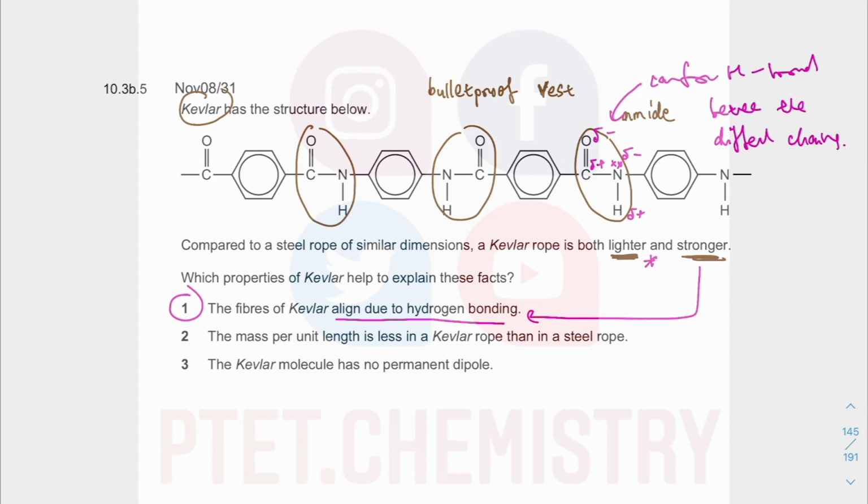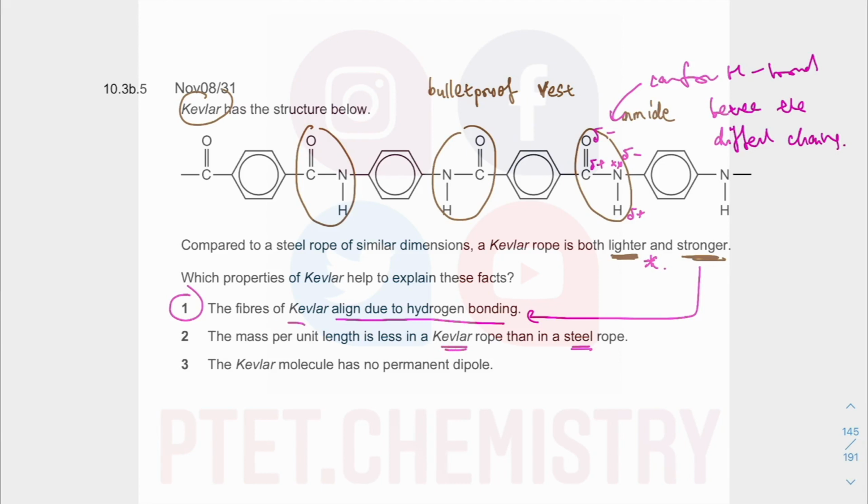But how does it explain it's lighter? Okay, so we're comparing steel versus Kevlar, so you want to put it onto your body, so you want it to be light. If you compare to a steel rope, which is strong but it's not light at all, the mass per unit length is less in the Kevlar.